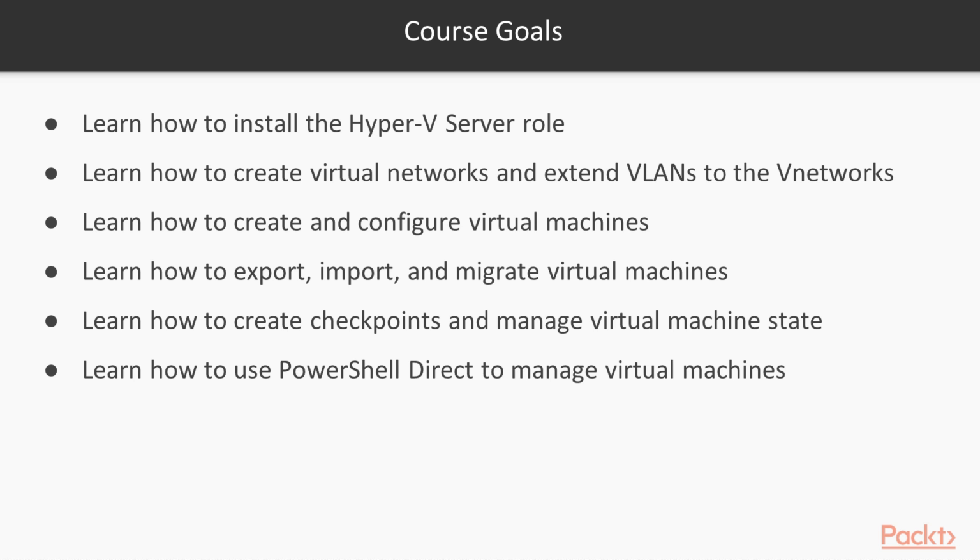The next goal is to learn how to create and configure virtual machines, export, import, and migrate virtual machines. Another goal is to learn how to create checkpoints and manage the various virtual machine states. And the final goal is to learn how to use PowerShell Direct to manage virtual machines from the Hyper-V host.